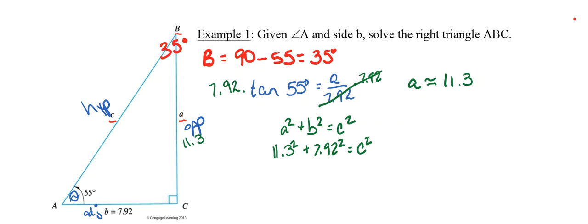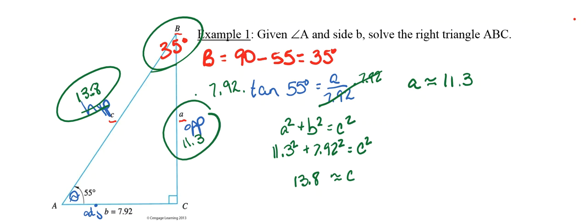So 11.3 squared plus 7.92 squared, and then I'm going to square root that. So my C is approximately 13.8. I know what C is, I know what big B is, and I know what little a is, so I know everything about this. I have solved the right triangle.